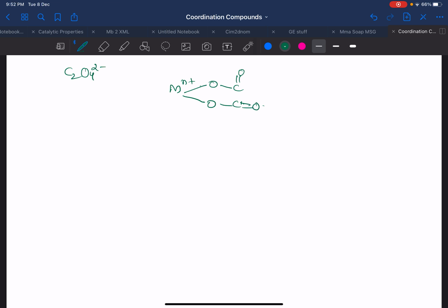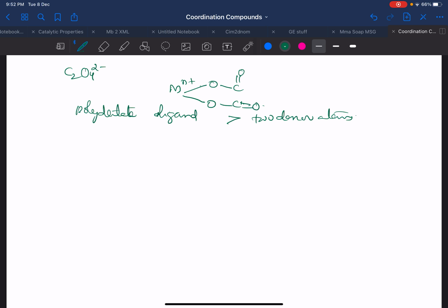If more than two donor atoms are present, they are called polydentate ligands. Polydentate ligands mean more than two donor atoms.